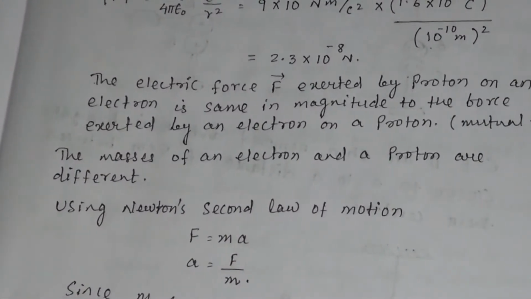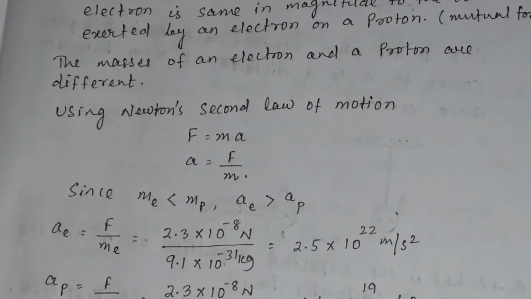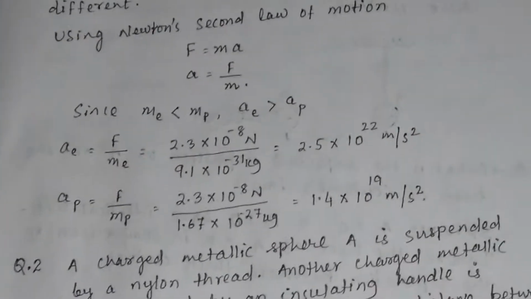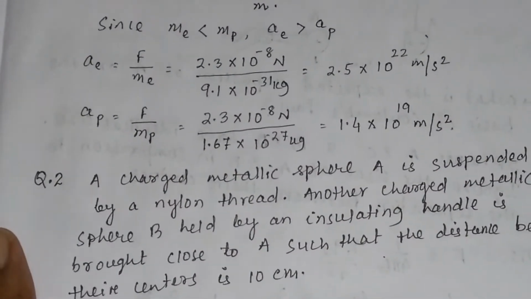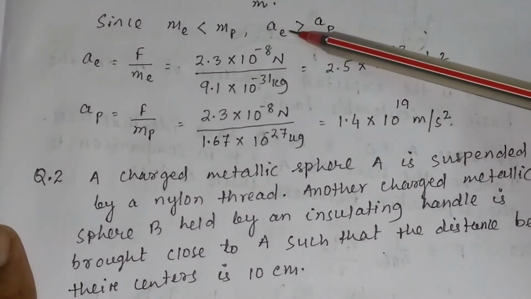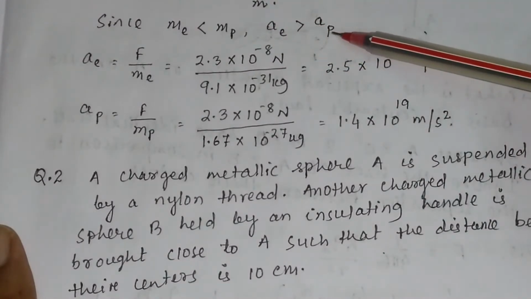If you apply Newton's second law of motion, F = ma, acceleration is equal to force divided by mass. The mass of the electron is less than the mass of the proton, that is why the acceleration of the electron will be greater than the acceleration of the proton.